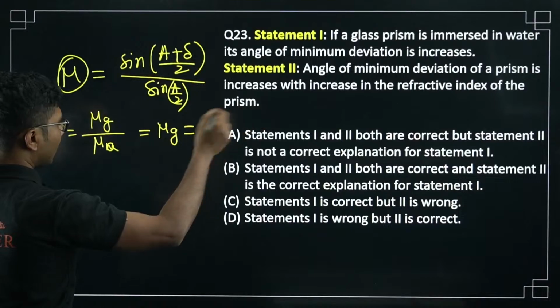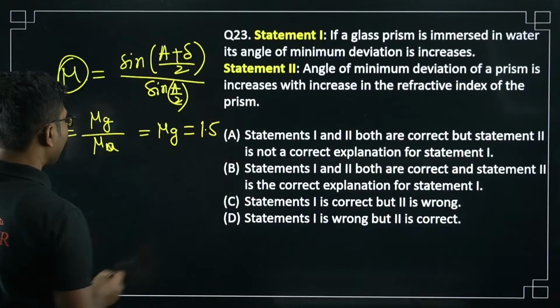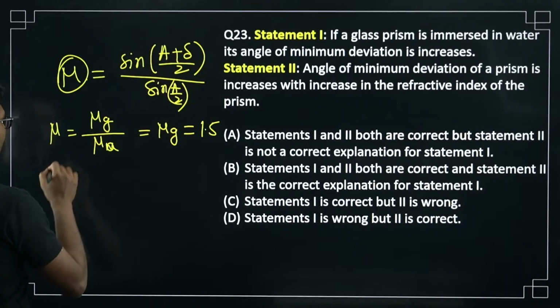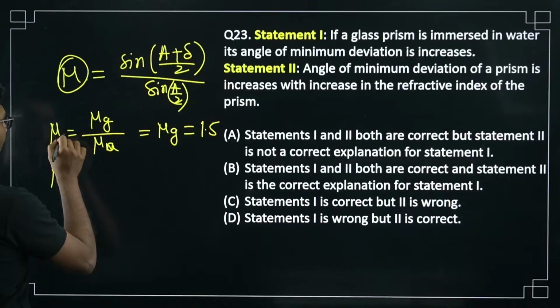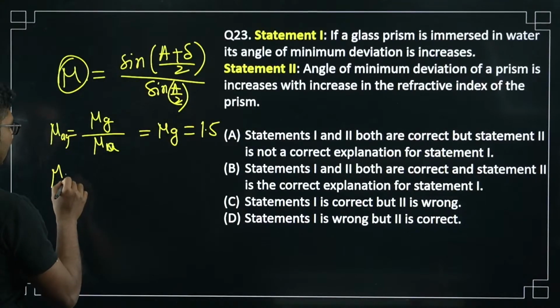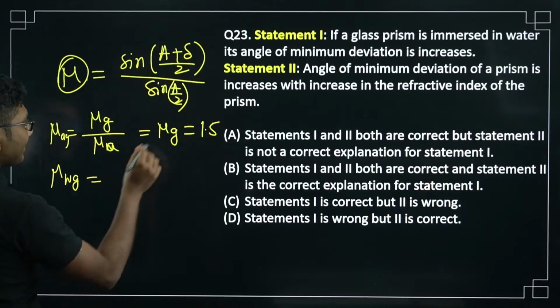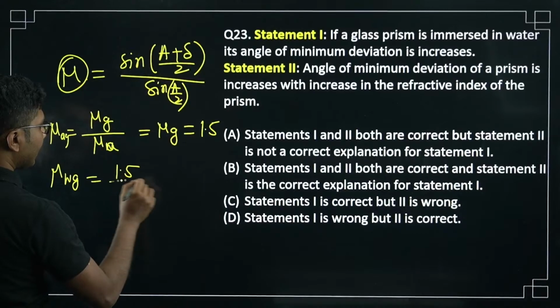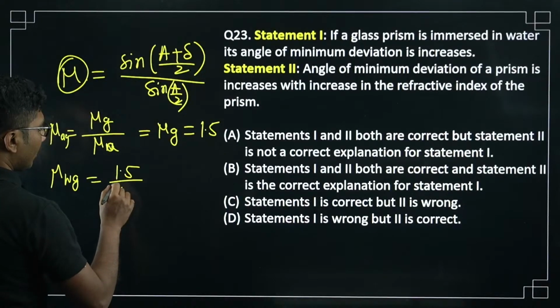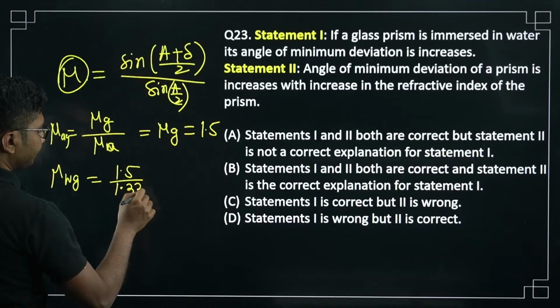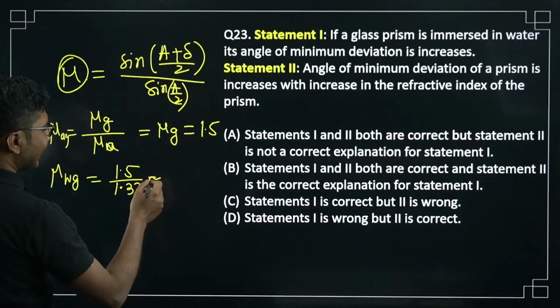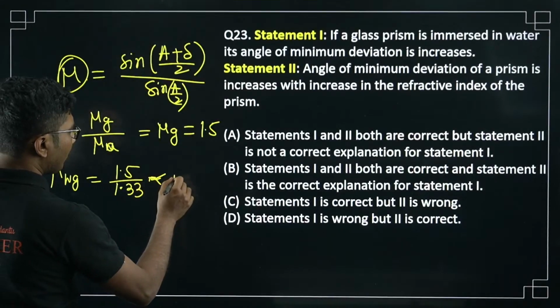For glass we know it is 1.5, but when it is immersed in water, in that case it is basically 1.5 divided by 1.33. It is now less than that value, approximately 1.2.